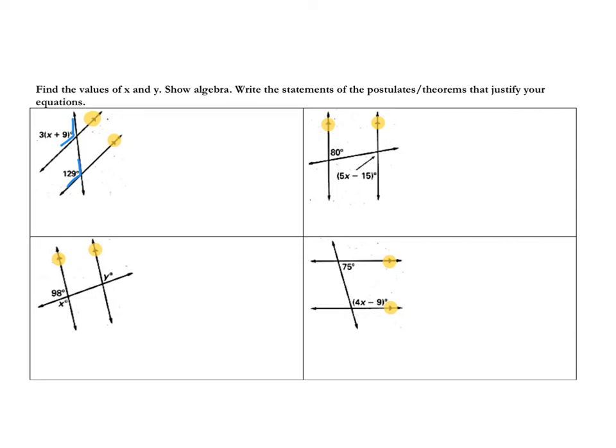Okay, so these are corresponding angles. So you would say if lines are parallel, then corresponding angles are congruent.